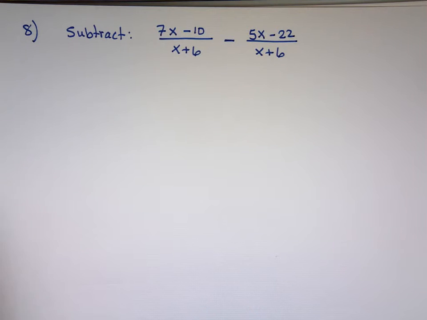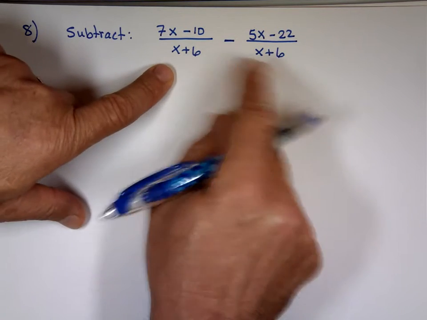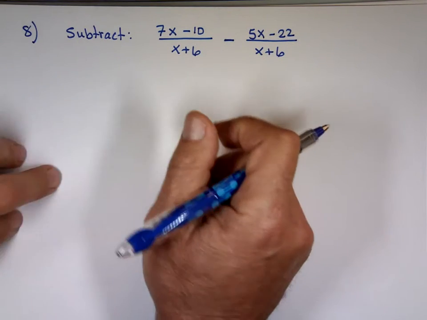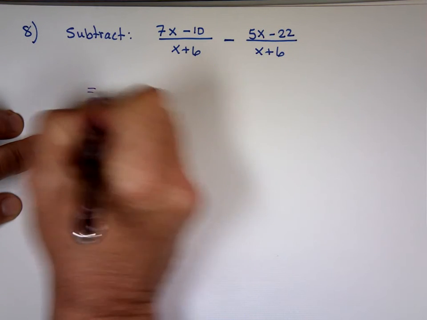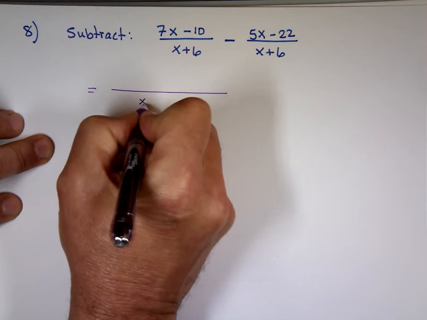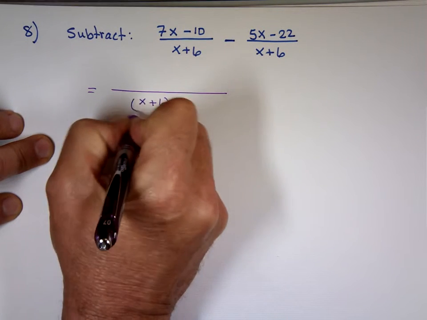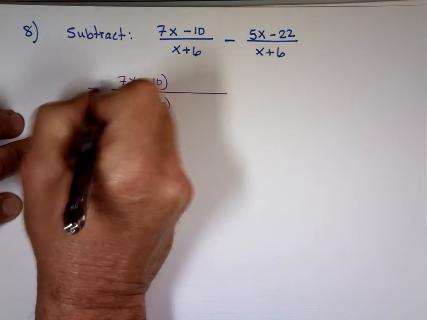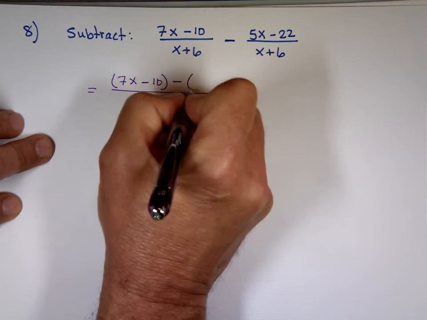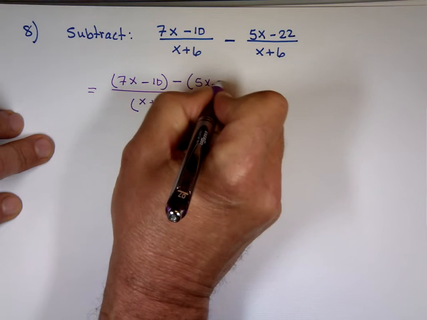Again, the nice thing about this problem is what? If you look at the two fractions, they have the same denominator. So we can make it one fraction, and the top will be what? 7x minus the 10 minus 5x minus the 22.